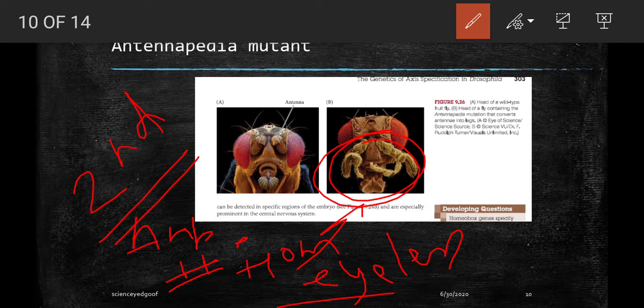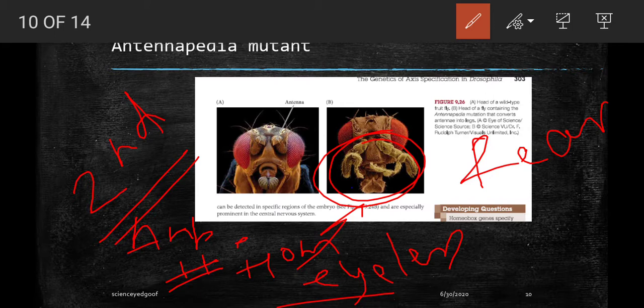So this is in case of the dominant mutant of Antennapedia. If you have a recessive mutant of Antennapedia, then the gene fails to express in the second thoracic segment, and you can see antenna in the leg position. It's like the reverse. Here you can see legs in the eye position. But if it is a recessive mutant, then you can see the reverse of this.